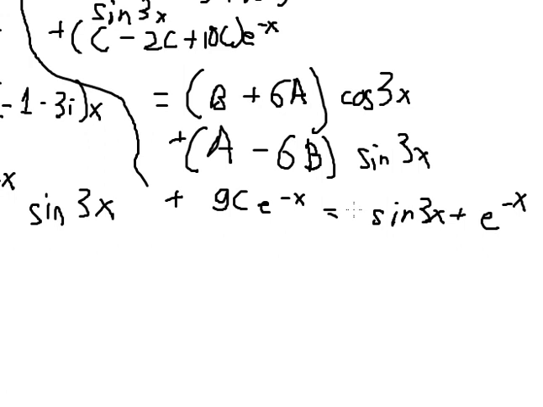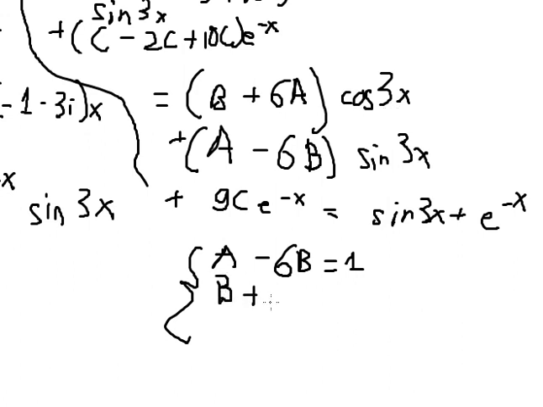So we can see that the coefficient of this one is 1. That means a minus 6b equals number 1. We don't have cosine 3x, so b plus 6a equals number 0. And this one is 1, so 9c equals number 1.